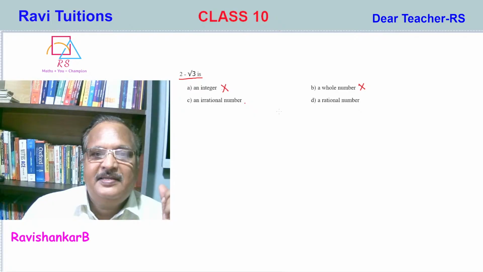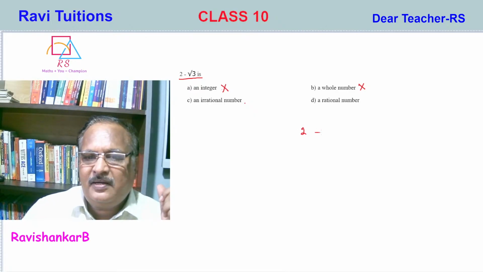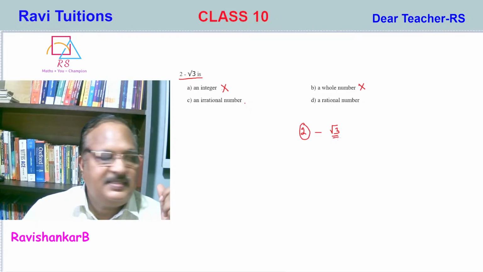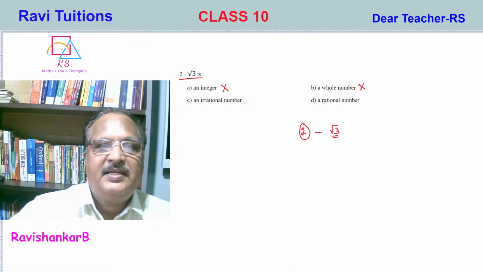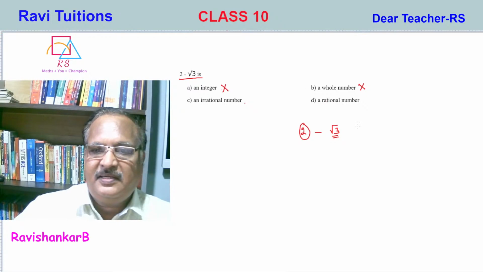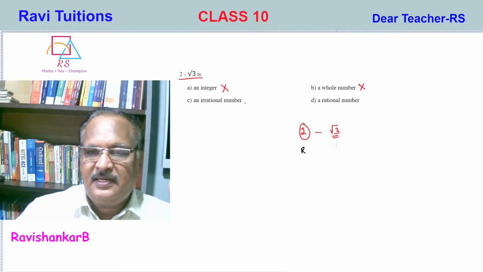So now let me give you some understanding about this. So now this is a rational number and this is an irrational number. Root 3 is an irrational number. And in between a minus symbol is there.